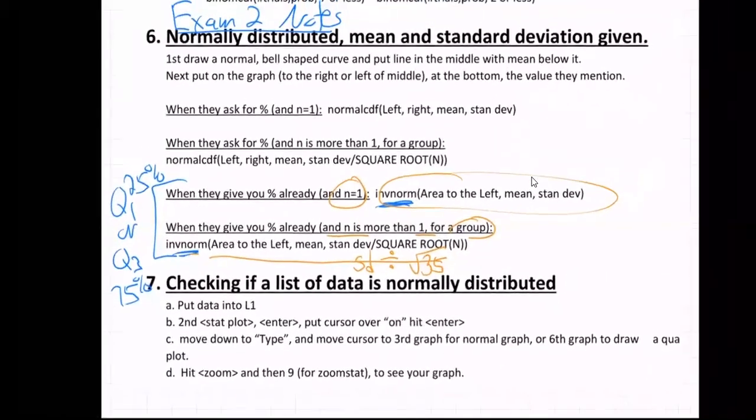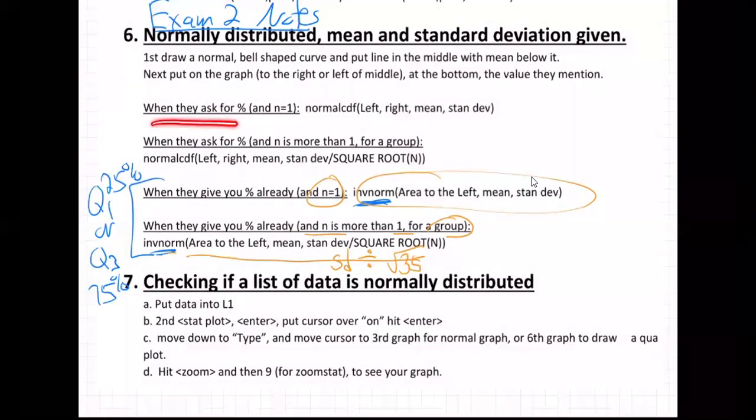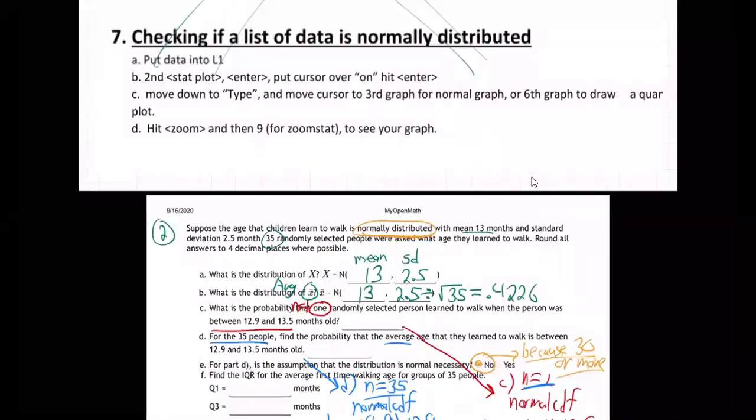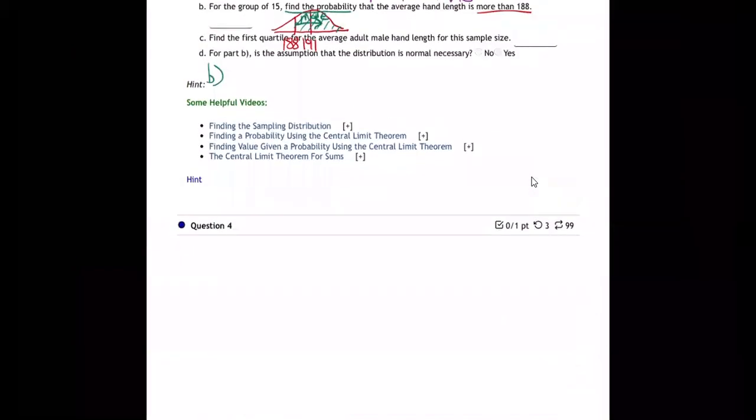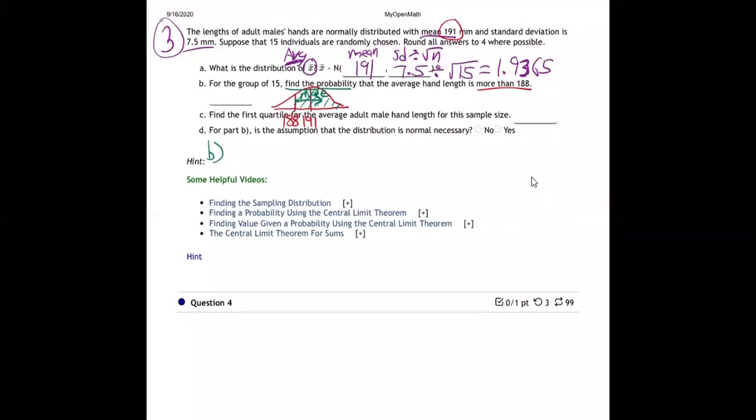It says, when they ask you for a percentage, you got to do normal CDF. And if the n is more than 1 for a group, you got to divide standard deviation by the square root of n. So I'm going to do normal CDF because they're asking for a percentage, a probability, a decimal, right? And so let's do that.